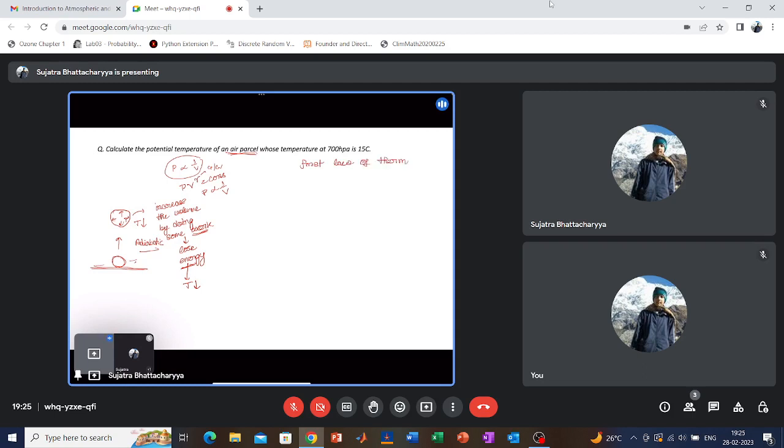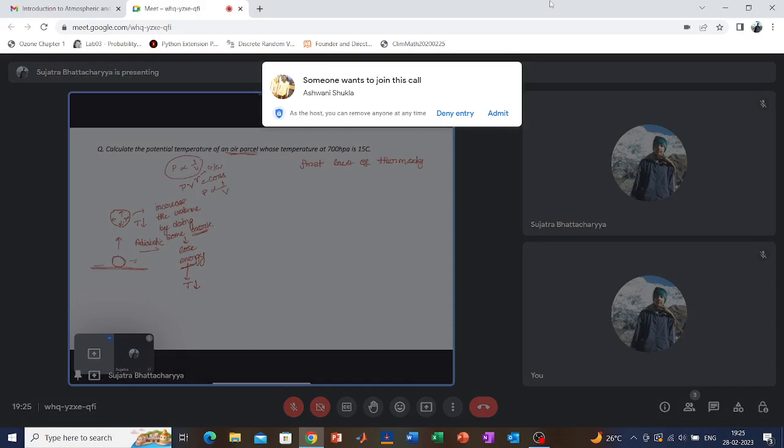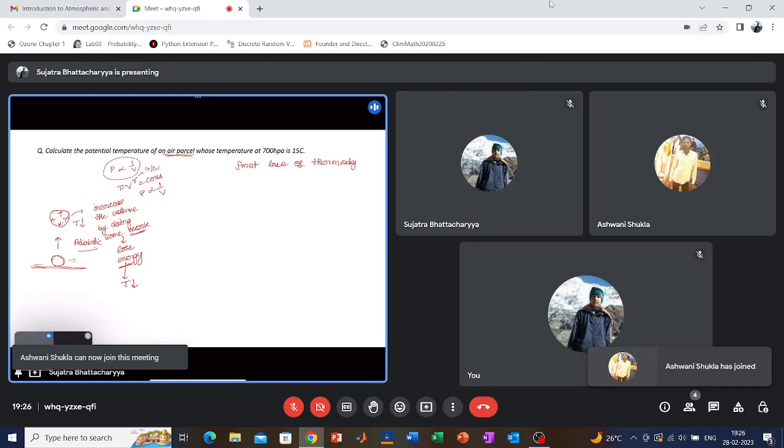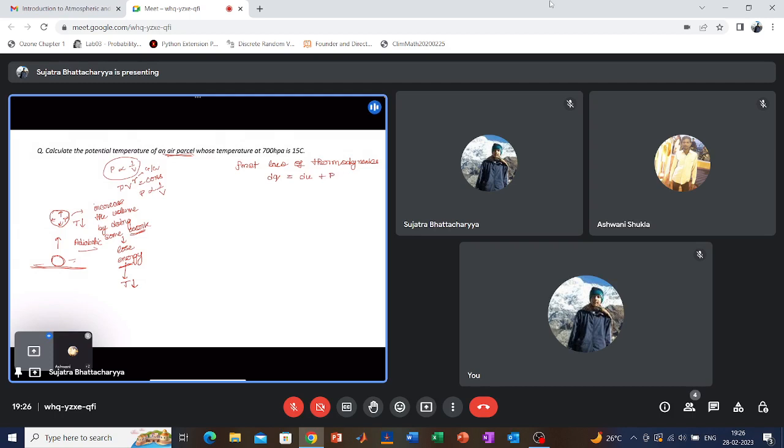We are all familiar with the first law of thermodynamics, that dq, these are all specific, so heat change per unit mass, will be equal to internal energy change per unit mass plus P d alpha, where alpha is the specific volume.